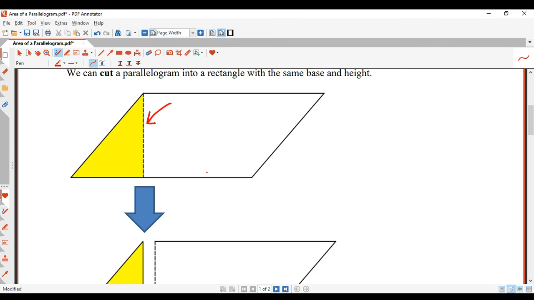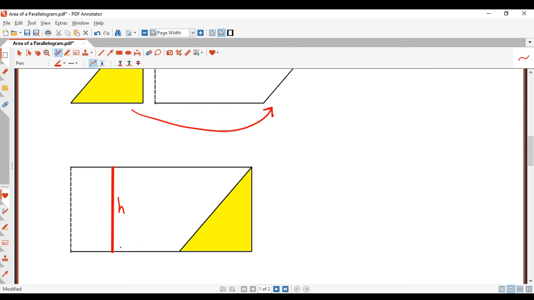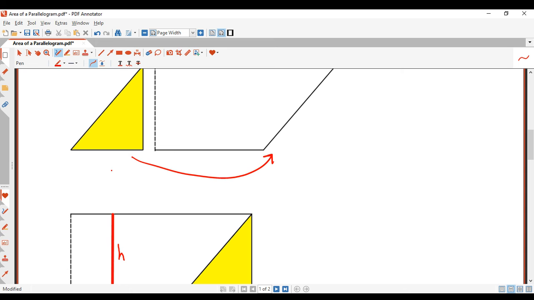So if we go down to our rectangle, it's also got to be the same height, doesn't it? The rectangle has to be the same height because it started off as a parallelogram. So here's our height. Now the other interesting thing is the base. Let's call this length the base.